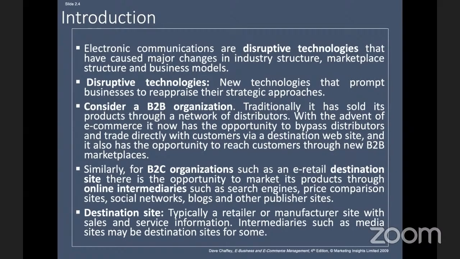And the third one, consider a B2B organization. Traditionally, it has sold its products through a network of distributors. With the advent of e-commerce, it now has the opportunity to bypass distributors and trade directly with customers via destination websites. And it also has the opportunity to reach customers through new B2B marketplaces.